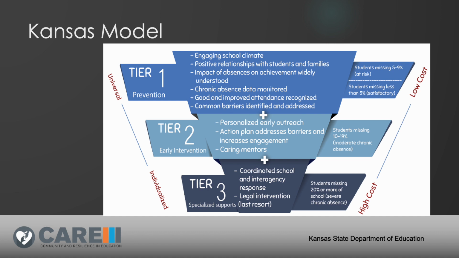And they've also noted some fiscal information about this. And so, basically what we know, and this is true for attendance, it's true for behavior, it's true for academics, is that when we have universal supports and kids are being successful with those universal supports, that's a lower cost for a school operating system than when we get to those tier 3 supports.